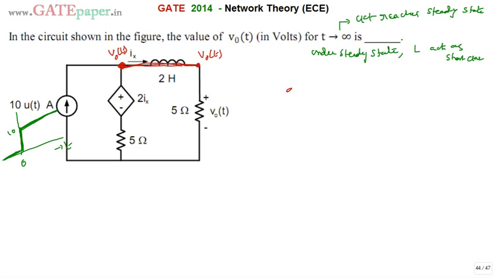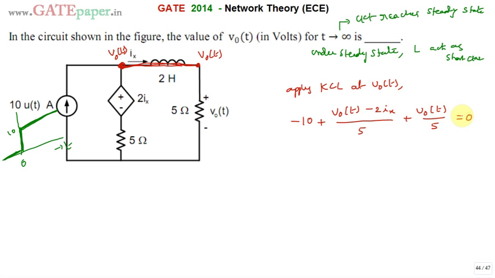Now apply KCL at the V0 of t node. Incoming current is negative, so minus 10, plus V0 of t minus 2 times Ix divided by 5, plus V0 of t divided by 5 is equal to 0, where Ix is the current flowing through the inductor, and that is also flowing through this resistor.